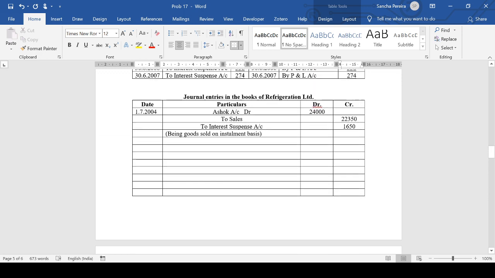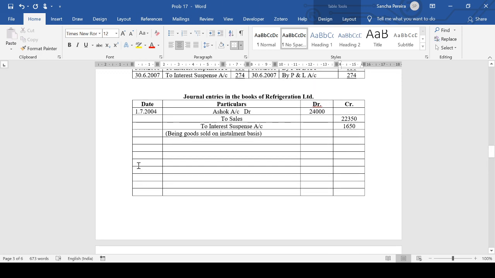Next we have the receipt of the down payment on the same date. So it's going to be bank account debit to Ashok, since Ashok is making the down payment. The amount is 6,000. Being down payment received.